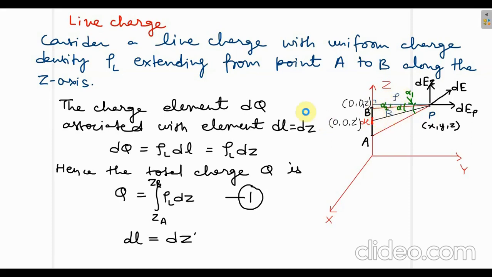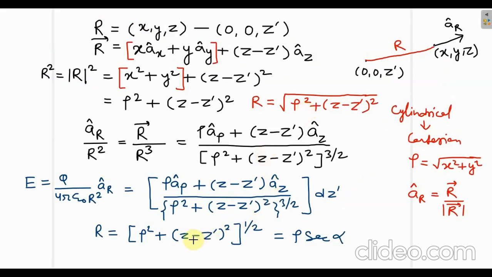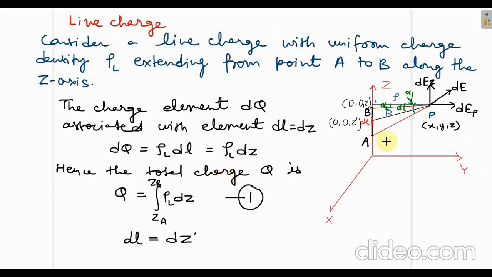Okay, so if we talk of this Z minus Z dash, this Z dash can be written as, let's say this is your T point, and this one is your O point.